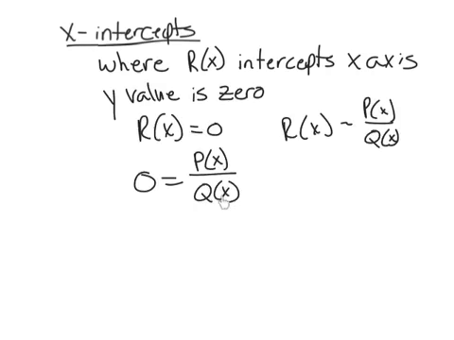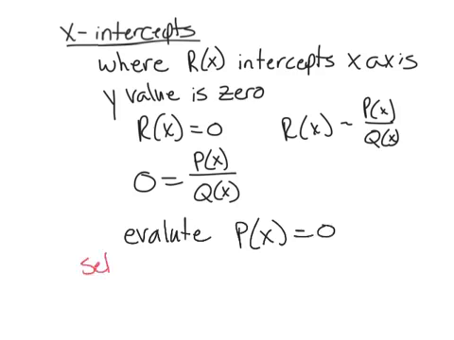If you were to cross multiply, it's going to be multiplied by 0, so it's going to go away. So really what you're doing is you're going to set the numerator equal to 0 and solve.